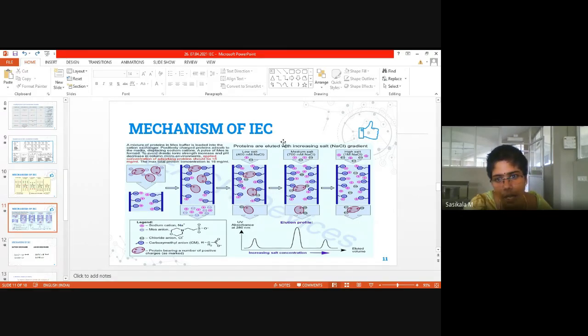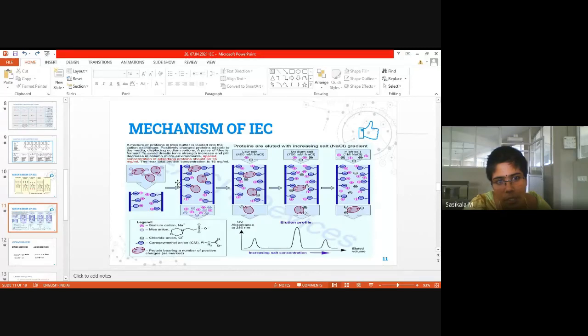Now we have to add what? Buffer. Continuous flow of mobile phase takes place, where the sample gets eluted. First, the single positive charge sample is eluted, then double positively charged molecules, and then triple positively charged molecules.